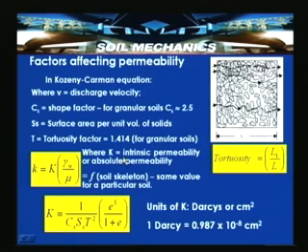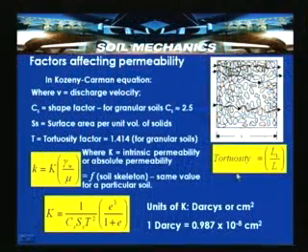The tortuosity is defined as the ratio of the tortuous length to the imaginary length, which is assumed as flow through soil passing through the voids as well as the solid grains. That length is L. So, the tortuosity is nothing but the ratio of L1 by L, which is indicated here in the Kozeny-Carman equation as T. It can have different tortuous lengths passing through these contact points and through the voids in the soil mass.